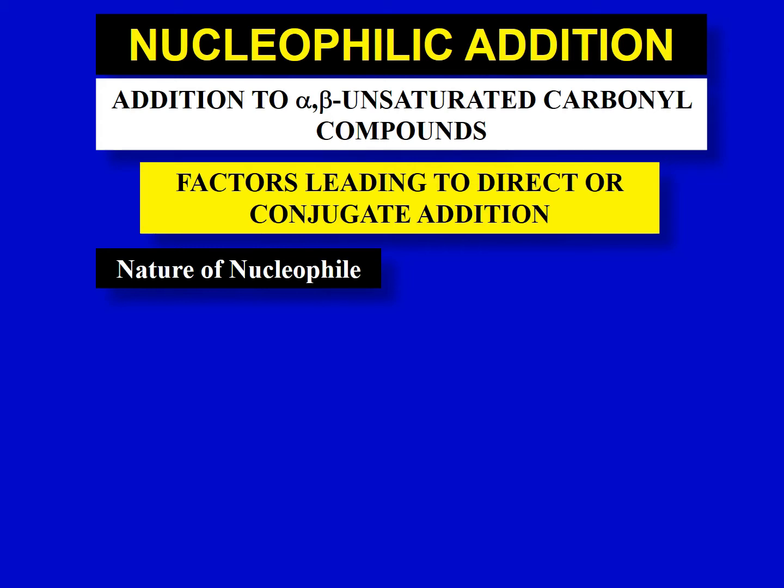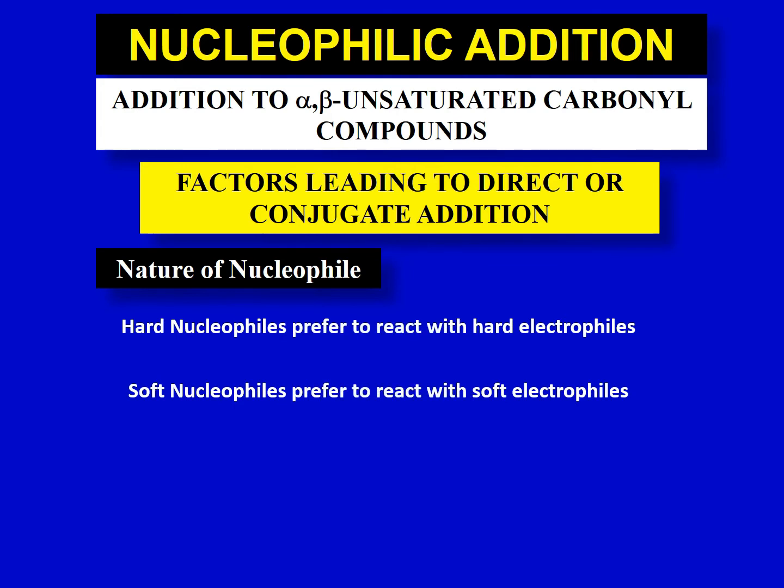So nucleophiles can be of two types. Nucleophiles may be hard or soft. Hard nucleophiles preferably react with hard electrophiles, and soft nucleophiles react with soft electrophiles. Now, this is a general trend.